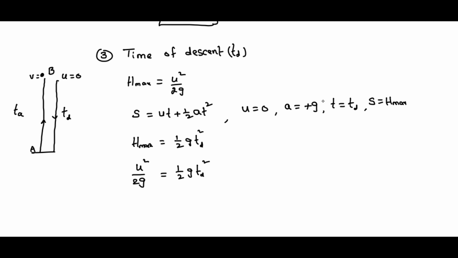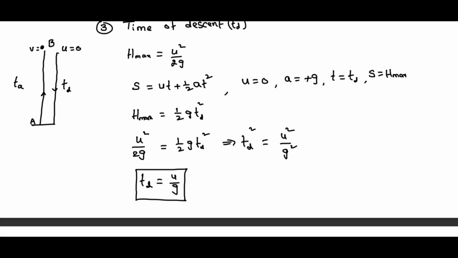From this, time of descent square is equal to u square divided by g square. So time of descent is equal to u by g. From this we come to know time of ascent is u by g and time of descent is also u by g.